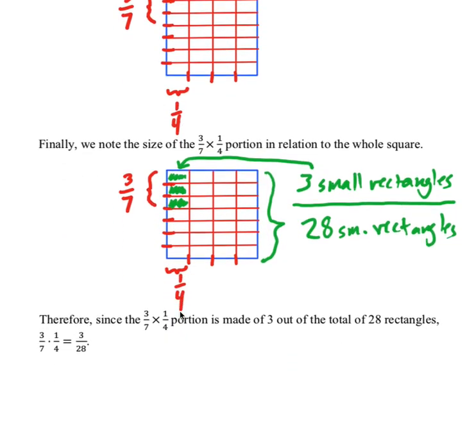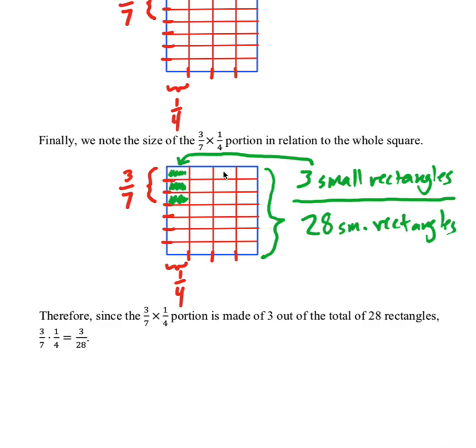So next, since we have 3/7 is 3 of these rows and 1/4 is 1 of these columns, 3/7 times 1/4, which I've represented with the cross for multiplication just to emphasize that we're thinking of this as a region that's 3/7 in one dimension by 1/4 in another dimension.